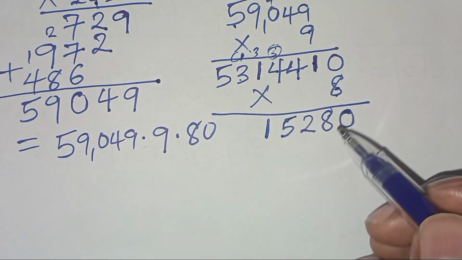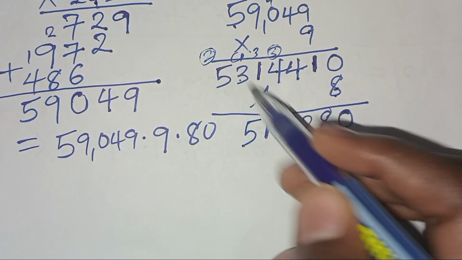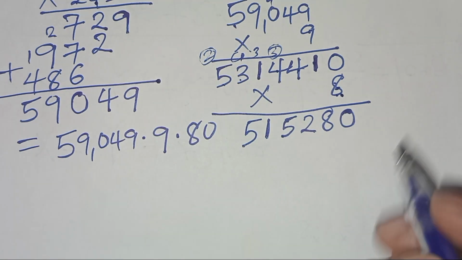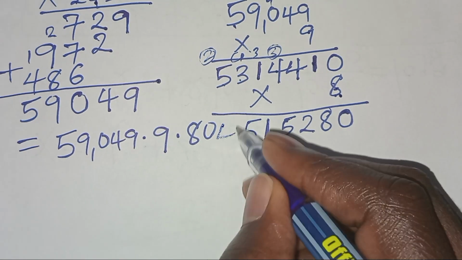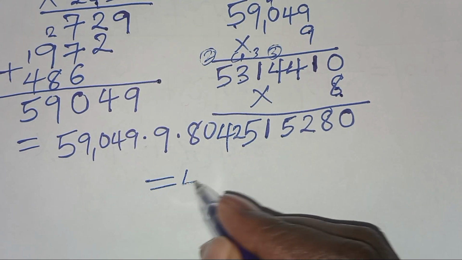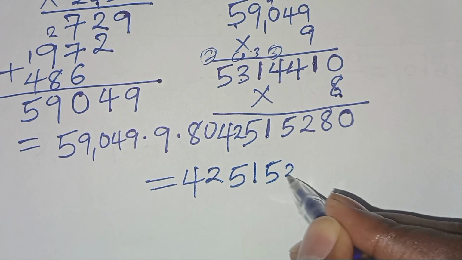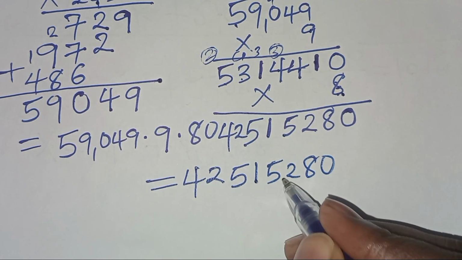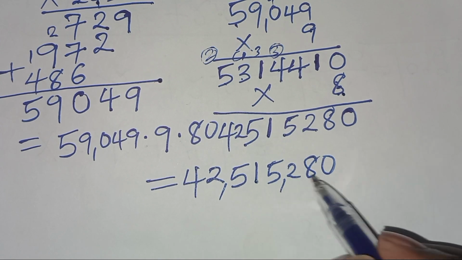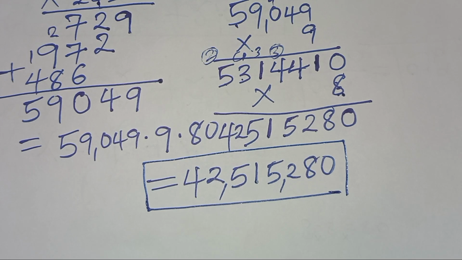Then 8 times 3, this is equal to 24 plus 1. This is 25. Carry 2 here. Then 8 times 5, this is actually equal to 40 plus 2. This is equal to 42. So the solution here, we have 42, 51, 22, 80. So this implies this is 42,512,280. And this is the solution to this math problem.